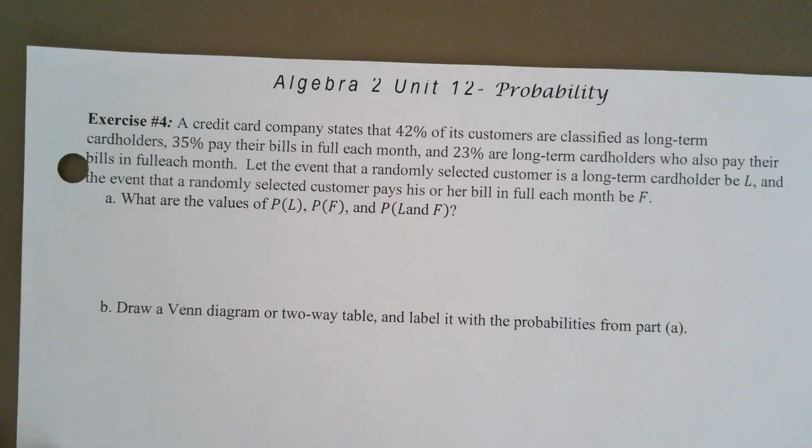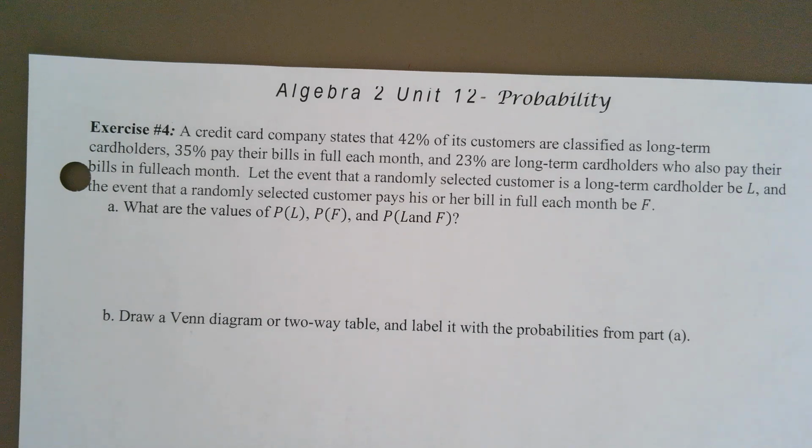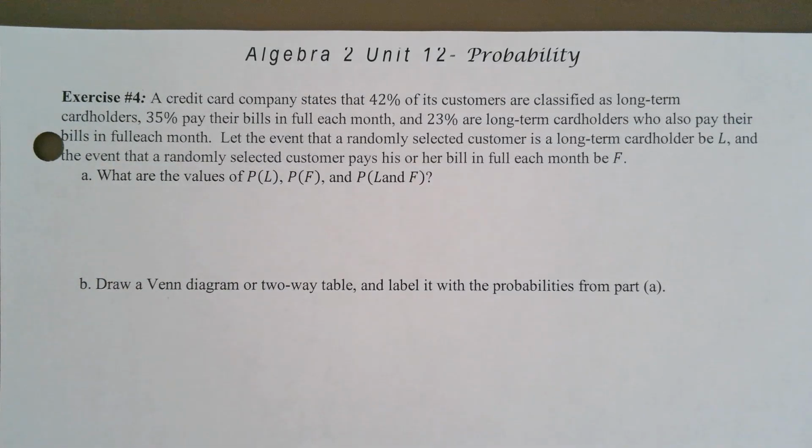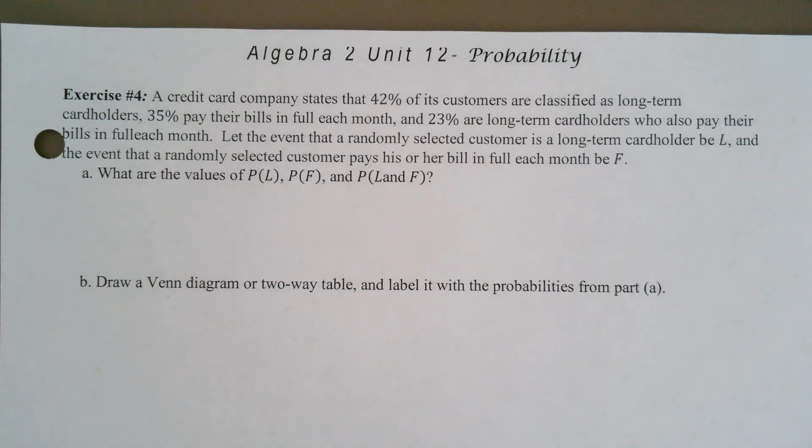Exercise 4: a credit card company states that 42% of its customers are classified as long-term cardholders, 35% pay their bills in full each month, and 23% are long-term cardholders who also pay their bills in full each month.